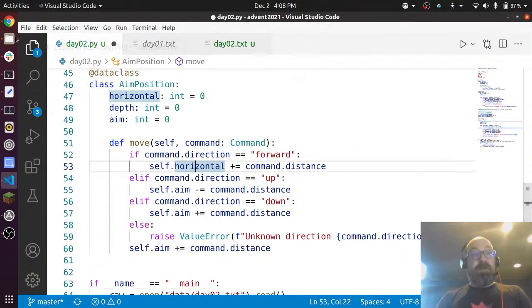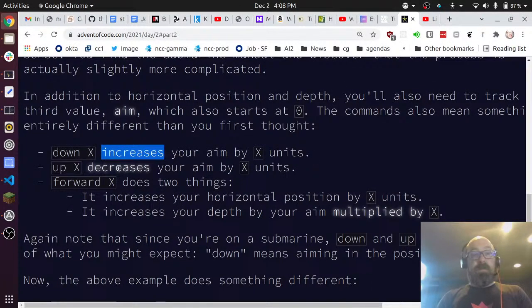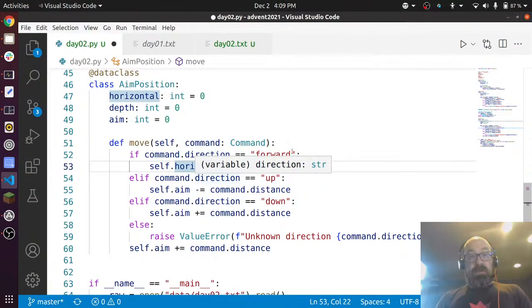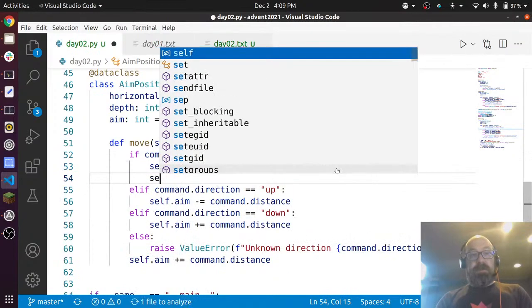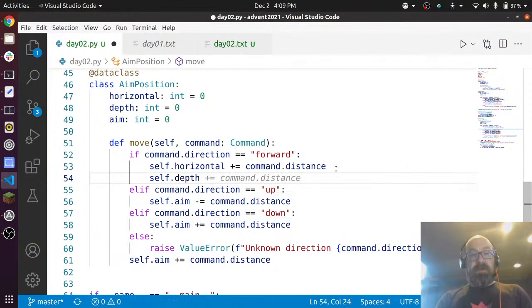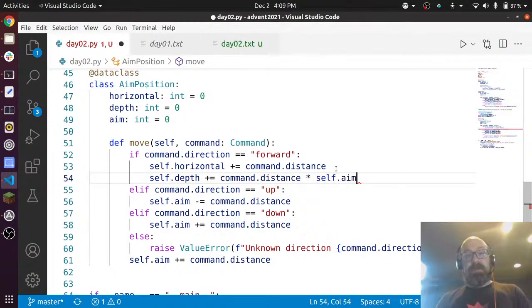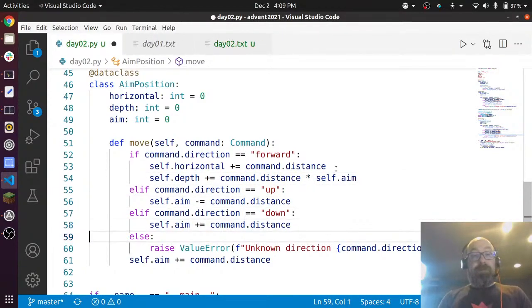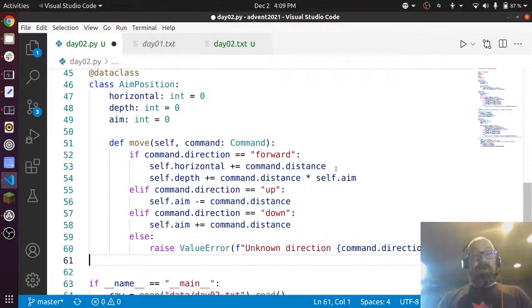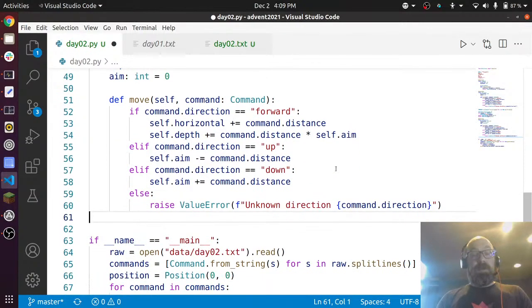And now if command.direction equals forward, it increases your horizontal distance by x units and it increases your depth by your aim multiplied by x. So self.horizontal plus equals command.distance, self.depth plus equals command.distance times, hey, I got that right, self.aim. Okay, so I think that is good.